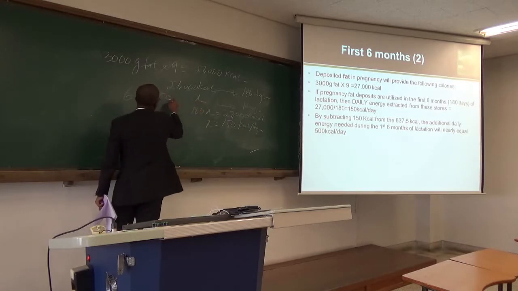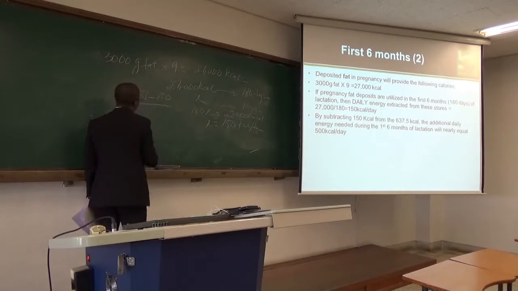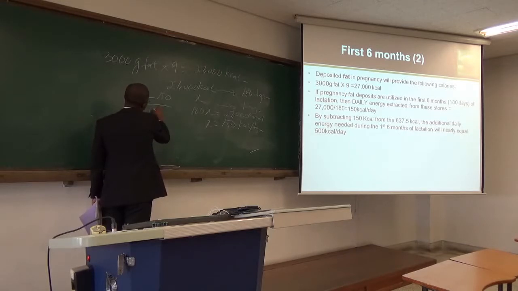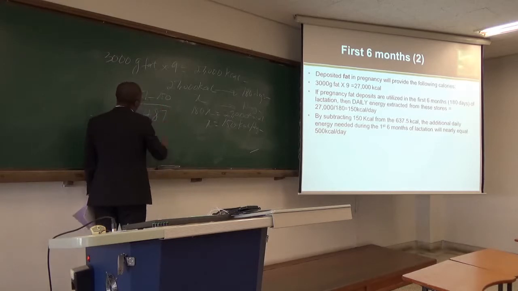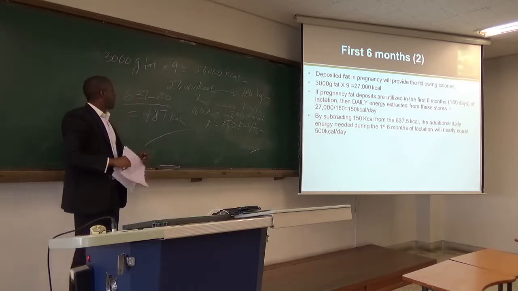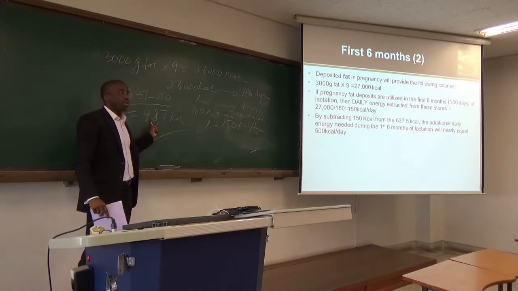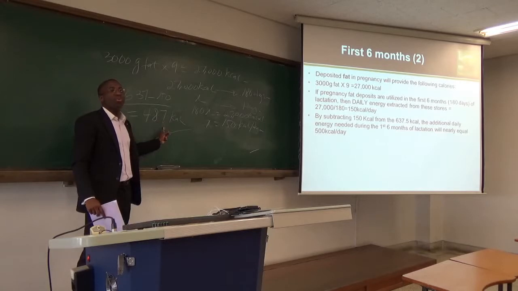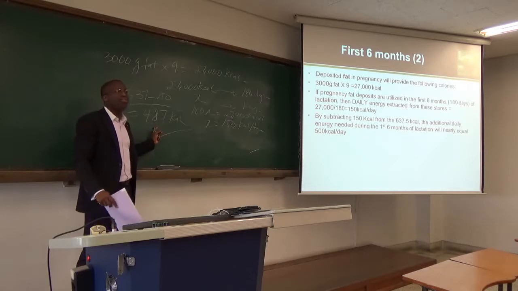Around 150, how much do we get? 487, right? So we have 487 kilocalories. So the 487 kilocalories is not far from the 500 kilocalorie actually that we need. This is why we say that the mother needs around 500 kilocalorie.